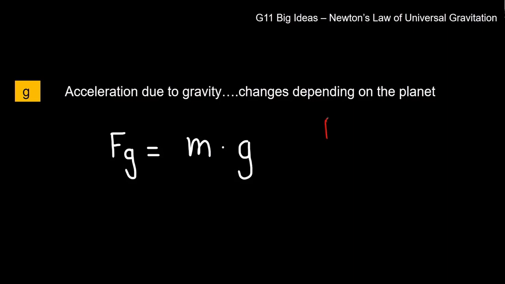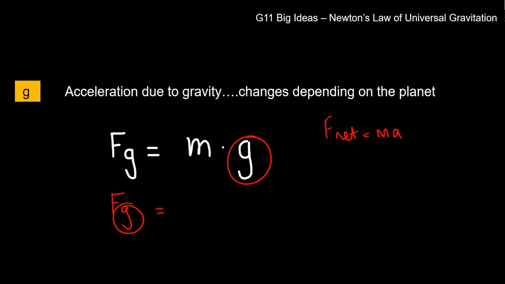So F net is equal to ma. Now what we do is we change the acceleration to a little g, which is the acceleration due to gravity.